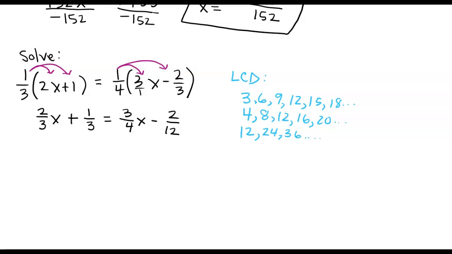So we can see that the smallest multiple of all 3 of these numbers is 12. And some of you, if you're really good at finding LCDs, may have been able to see that right off, but if you have a hard time seeing what these LCDs are, try listing out the multiples. That can really be helpful on some of the problems. So our LCD for this is 12.